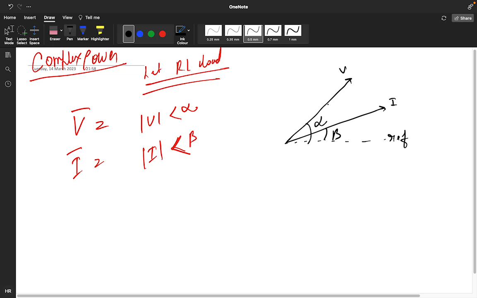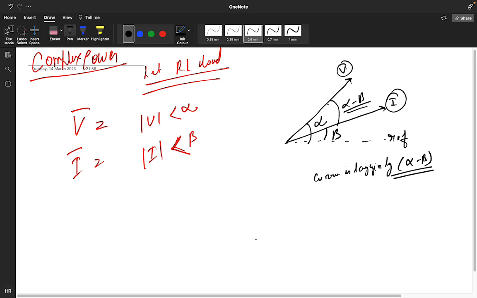So voltage will lead current by how much angle? Alpha minus beta. So current is lagging by what angle? Alpha minus beta. Current is lagging by alpha minus beta. Understood, guys?